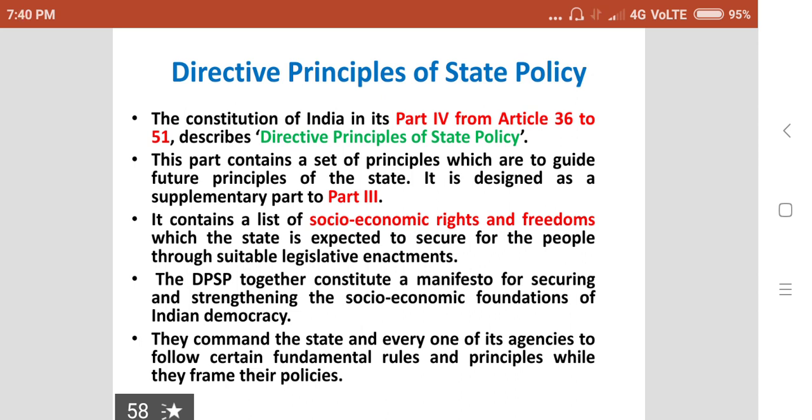The directive principles of state policy constitute a manifesto for securing and strengthening the socio-economic foundations of the Indian democracy. They command the state and every one of its agencies to follow certain fundamental rules and principles while they frame their policies.